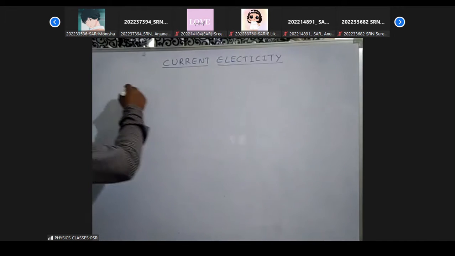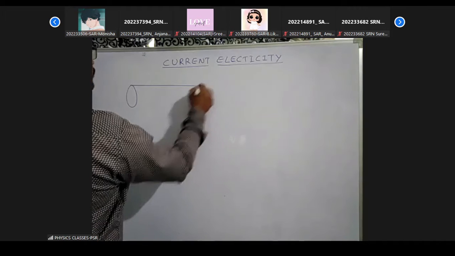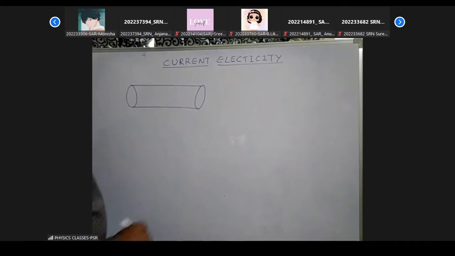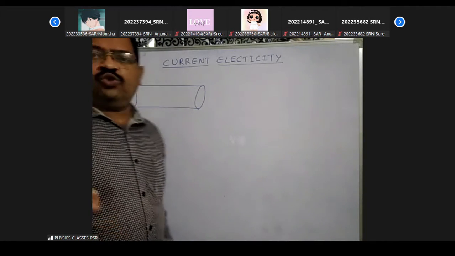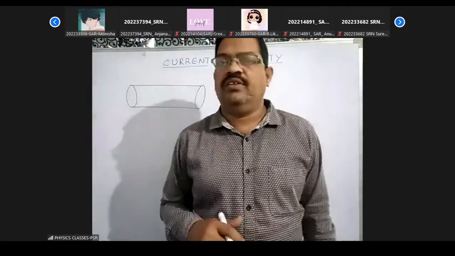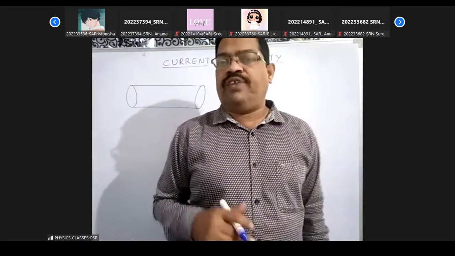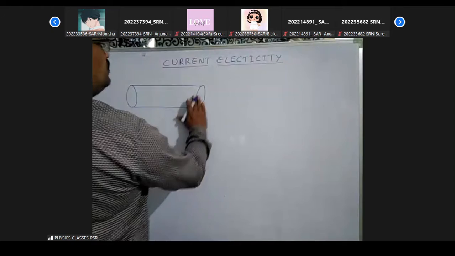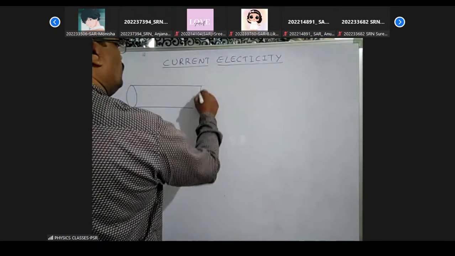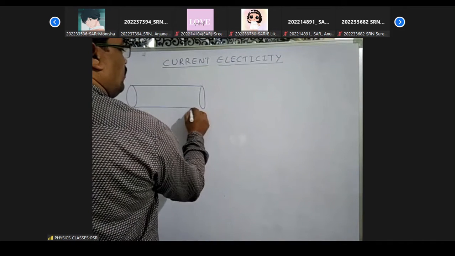Here, in general, consider this is a metal conductor. In a metal conductor, there are so many free electrons. What is a free electron? Tell me anyone. Chemistry you have studied, right?